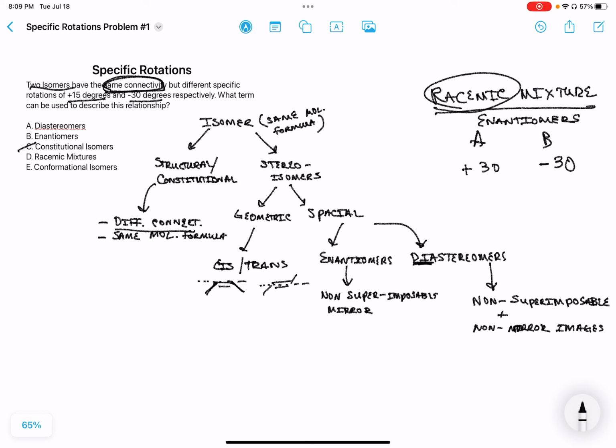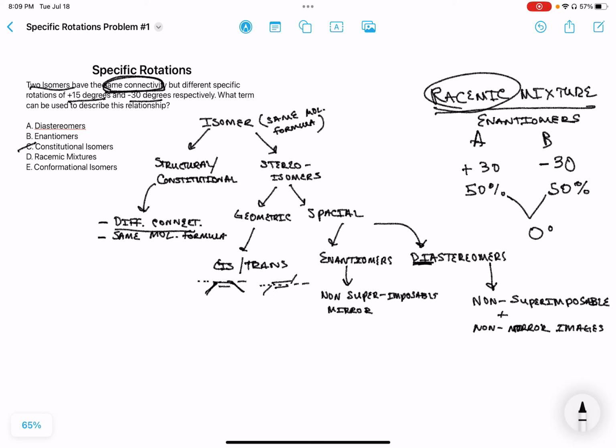Racemic, by definition, means you have 50% of one enantiomer and 50% of the other. Because it's 50-50, they cancel out, so the optical rotation would be 0 degrees.